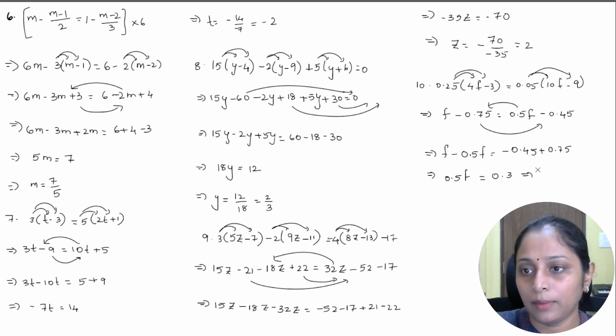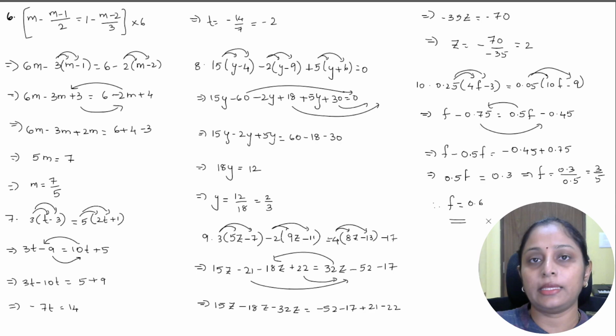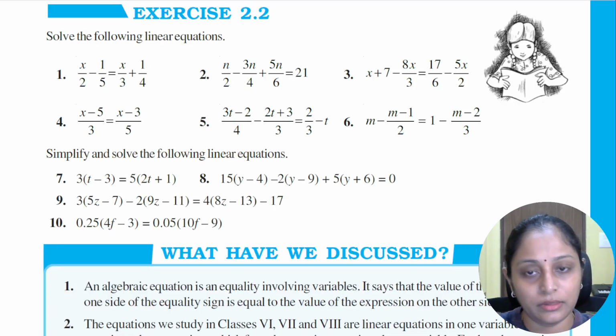This implies f is equal to 0.3 by 0.5, which is 3 by 5. Or if you want to write this in decimal form, because they have given everything in decimals, this will become 0.6. So that's it. This is the answer for your 10th question in the exercise.